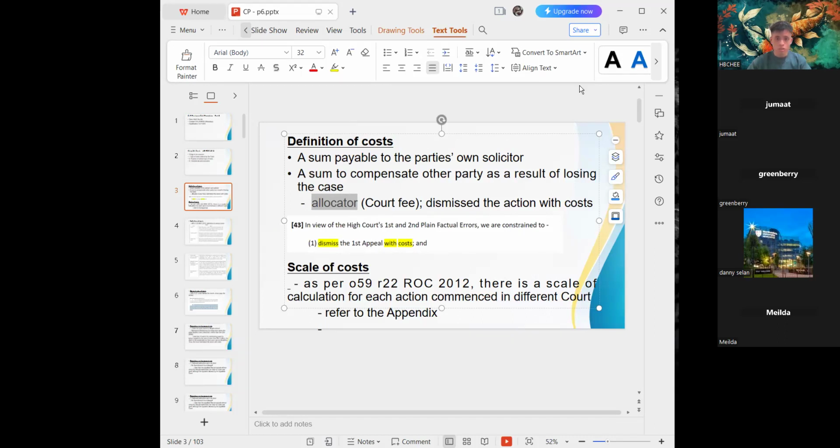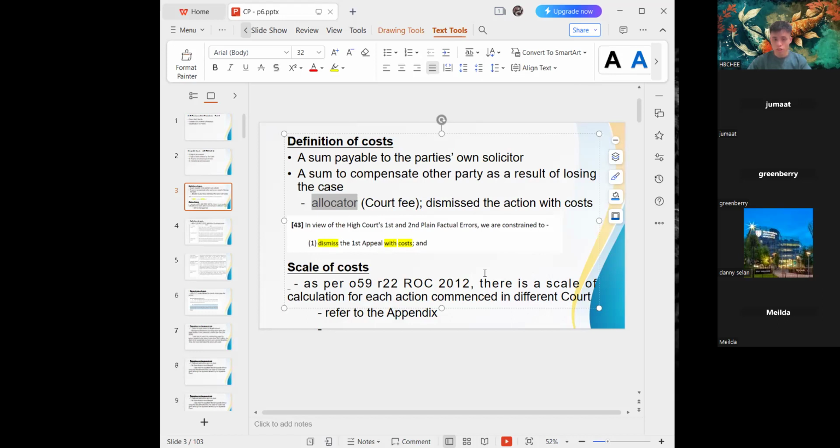Okay, so also there is a scale for how the calculation works, because each court has its own different scale of payment for everything. According to Order 59 Rule 22 of the Rules of Court, you'll be given a scale of calculation for each action commenced in a different court.